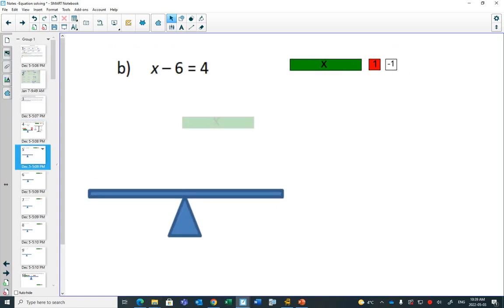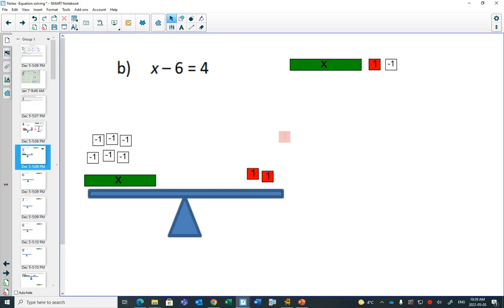X minus 6 and 4 on the other side. Now, just looking at the equation, can you tell me what x is? 10.